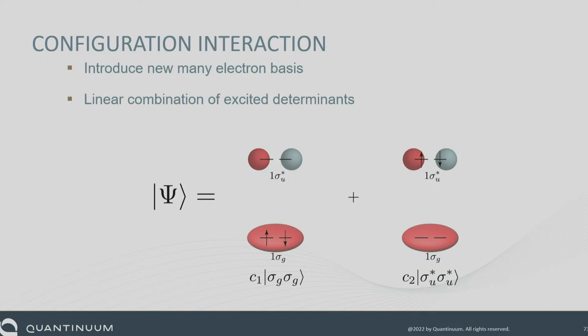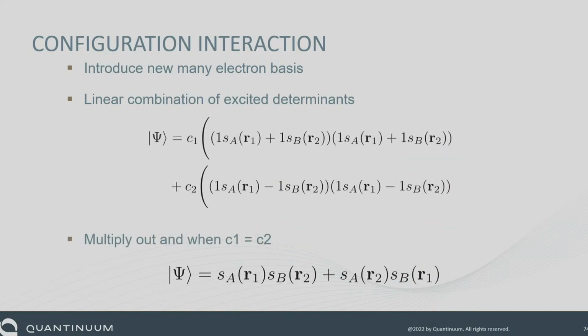So by having this many-electron wave function, the linear combination of these two determinants, you've got determinant 1, determinant 2, determinant 1, determinant 2, but they're different. And we've got the weighting parameters. What happens is when you work through the maths, the C's cancel here.